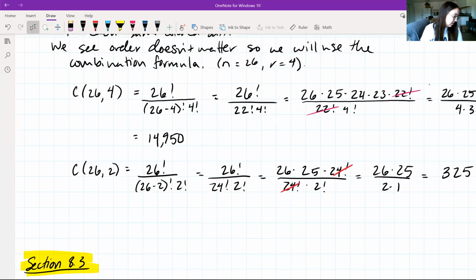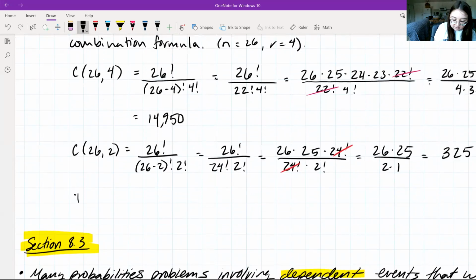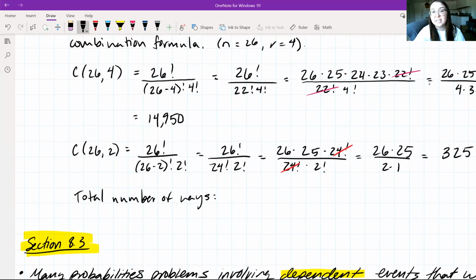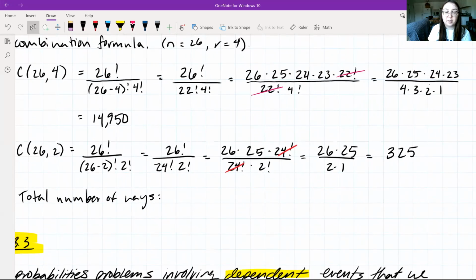Now to find our total number of ways, remember, since we're finding 4 black cards and 2 red cards, we need to multiply the final numbers together.